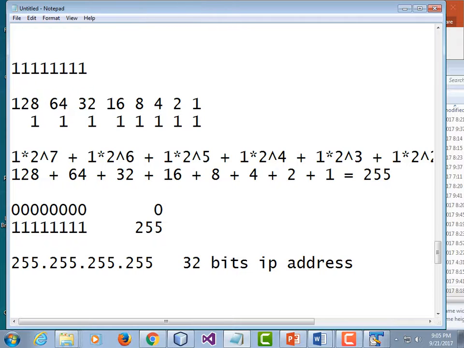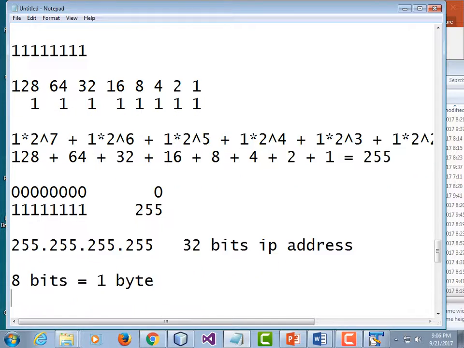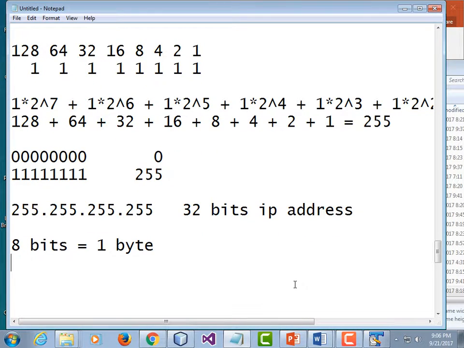And the reason why there's 4 of them and the reason why the numbers go up from 0 to 255 is because a number that's got 8 bits in it is equal to a byte. Okay, now I'm going to say this word, but don't ever answer it in any test question. So what did they decide a half a byte was?